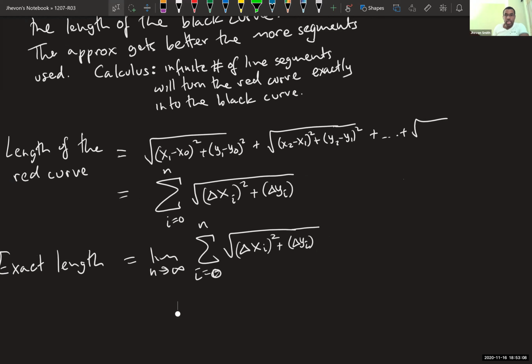And to actually get our t variable in there, we're going to multiply by delta t over delta t and move the bottom delta t under the radical.